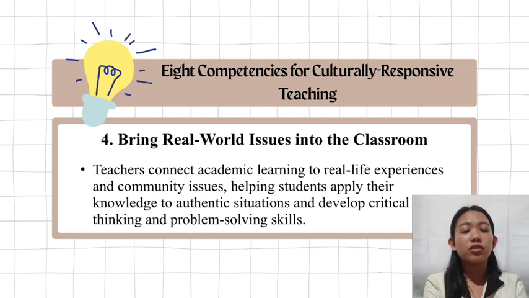This helps learners apply academic knowledge while developing critical thinking and problem solving skills. It also shows them that what they learn in school is useful beyond the classroom. However, making learning relevant must also come with the belief that every learner can succeed.